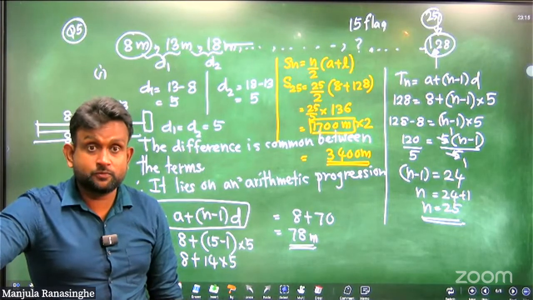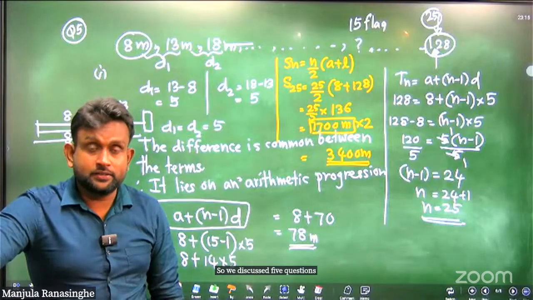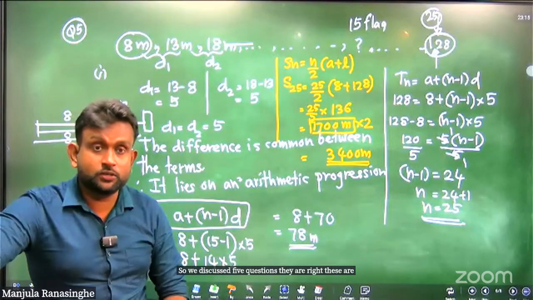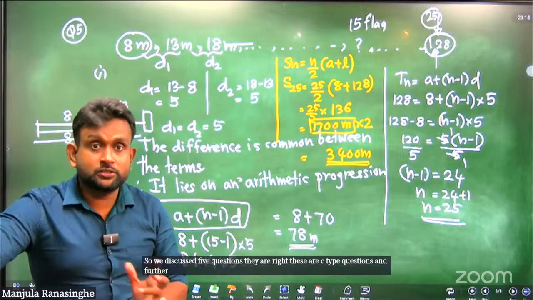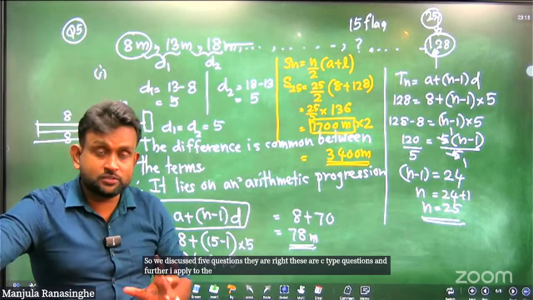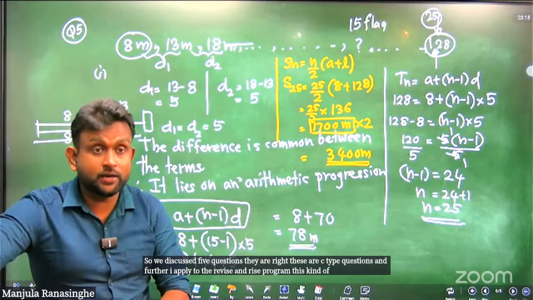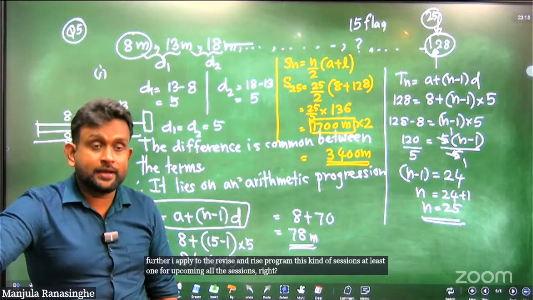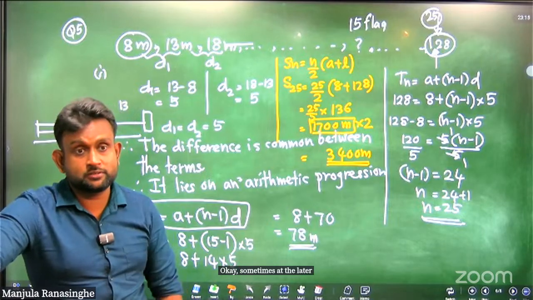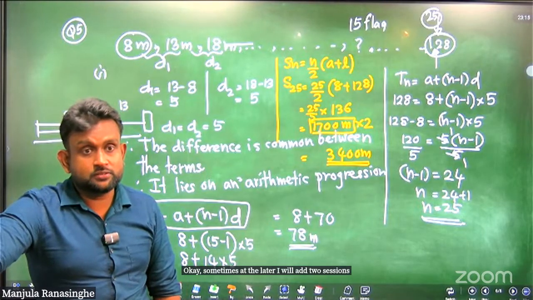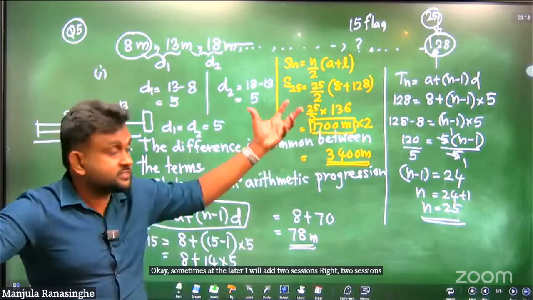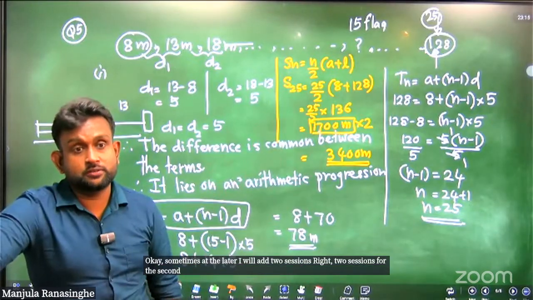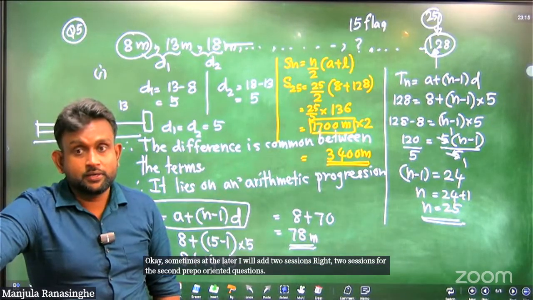Your ideas, your comments? What about today's session? This is second paper oriented, with something new, and you learned something newly. Make notes on the new parts you learned, and highlight the areas that you gained today. We discussed 5 questions. These are essay type questions, and I will apply this kind of session to the Revise and Rise program, at least one in all the upcoming sessions. Sometimes later I will add 2 sessions for second paper oriented questions.